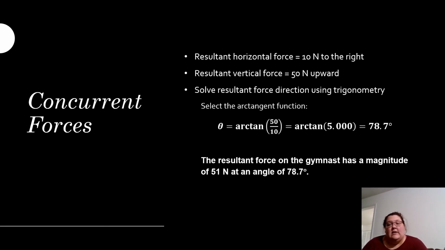And this would give us the arctangent of 5, which when you put that in a graphing calculator that is set to degrees, you get 78.7. So we know that this gymnast is going to move at a magnitude of 51 newtons at an angle of 78.7 degrees. So they're going to take off at a slightly upwards and outwards angle.